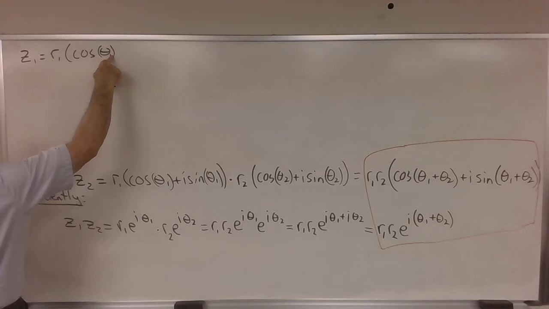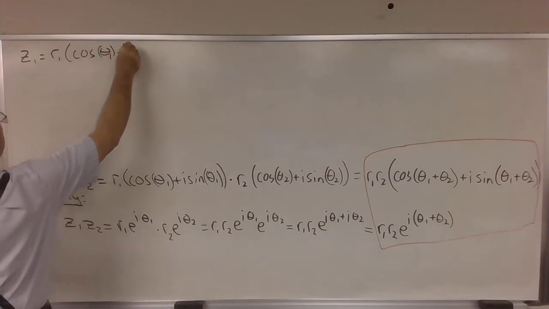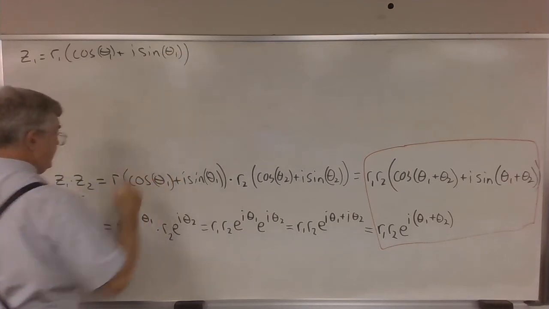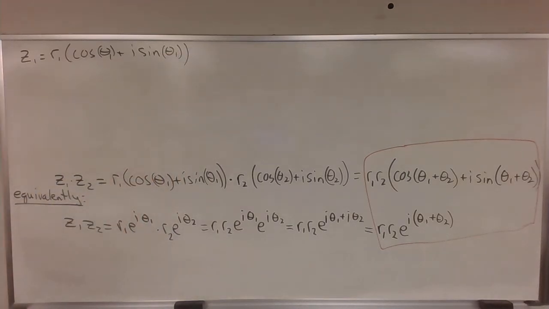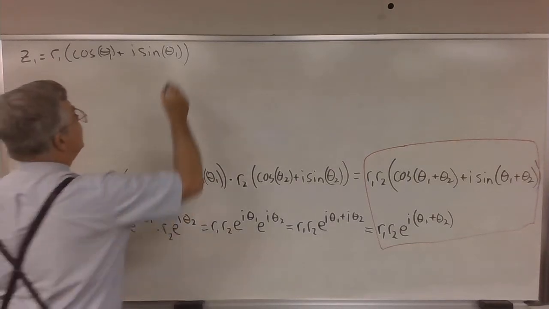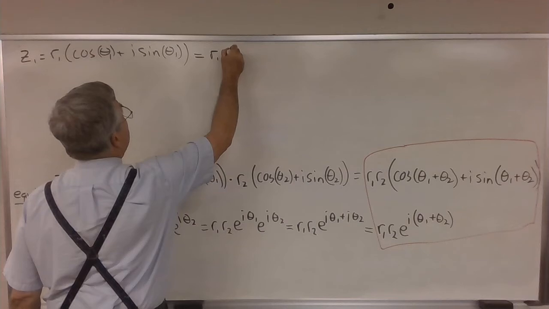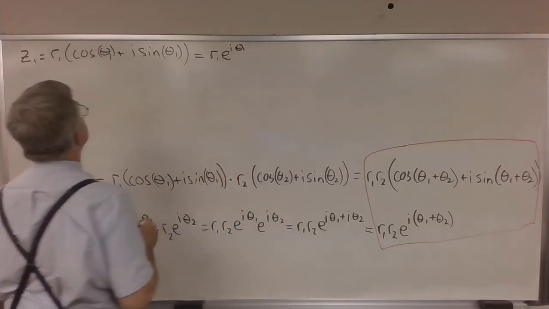Z1 is R1 cosine theta 1 plus I sine theta 1, and that's equal to R1 e to the I theta 1.